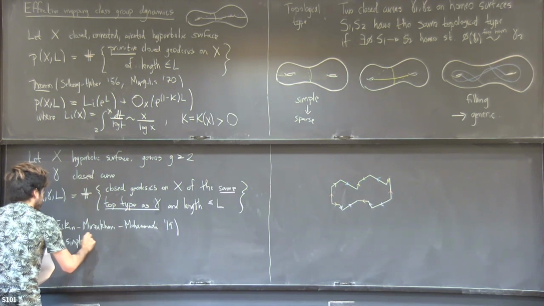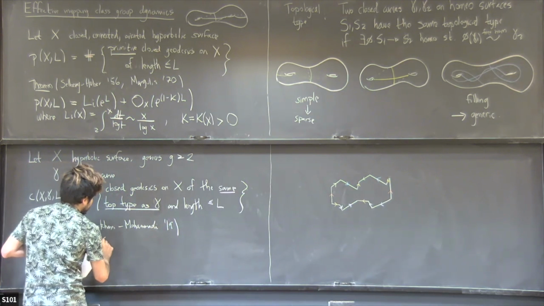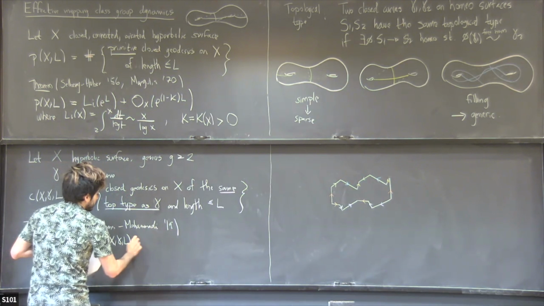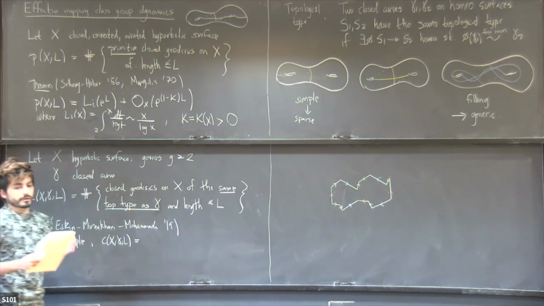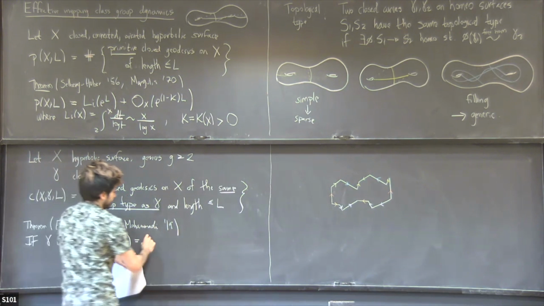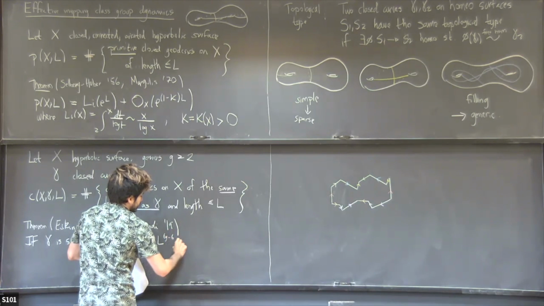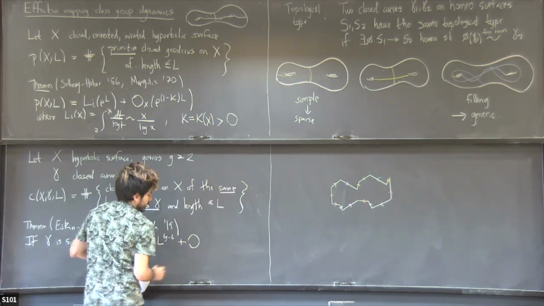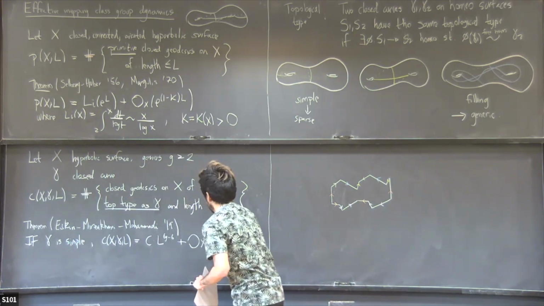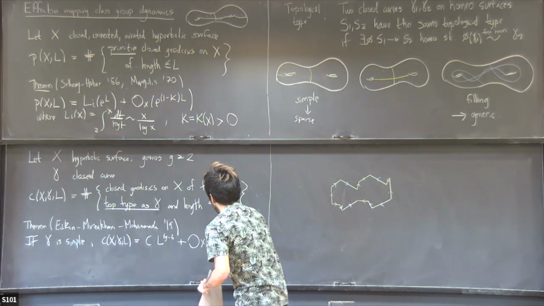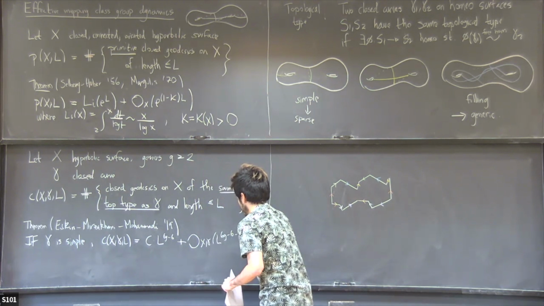you can describe very well how this function, C_X(gamma, L), grows. It has a leading term of order a polynomial of degree 6g minus 6, and it has an error term depending on the data, but which has a power saving with respect to the leading term.